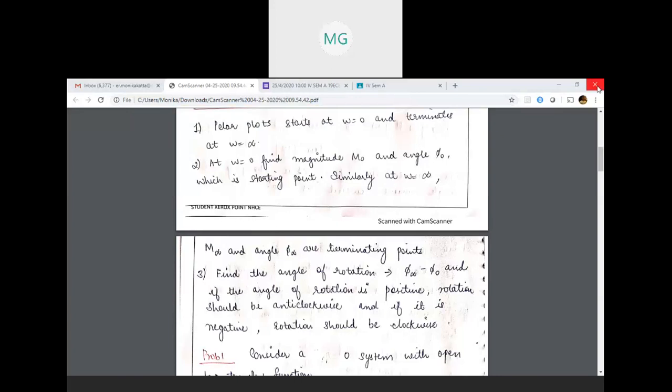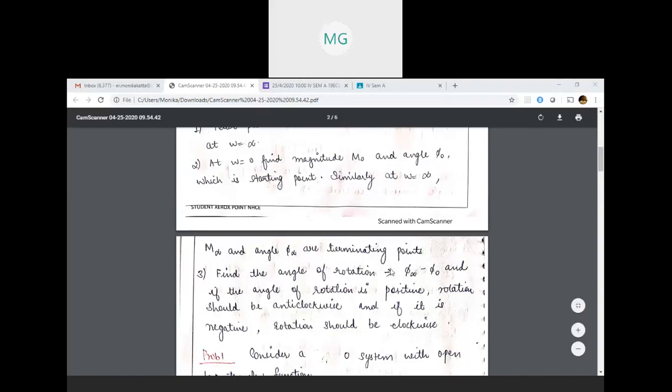Okay, Manideep. And third point, find the angle of rotation. Now, what is the angle of rotation? Angle of rotation can be found using the formula φ infinity minus φ0. The angle at infinity minus the angle at ω = 0 gives you the angle of rotation. If the angle of rotation is positive, rotation should be anti-clockwise, and if the angle of rotation is negative, rotation should be clockwise. Read it out carefully.